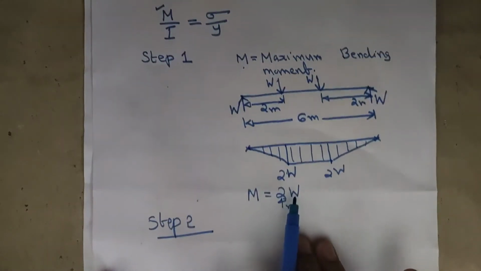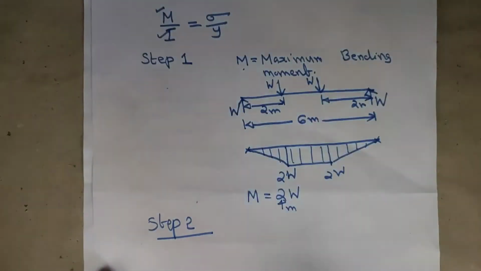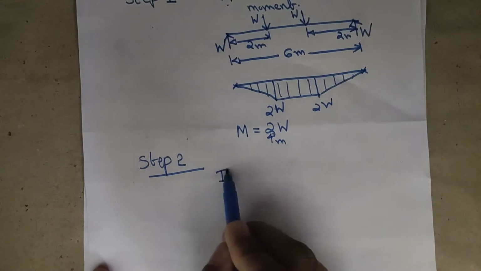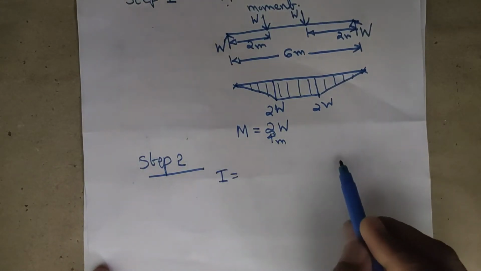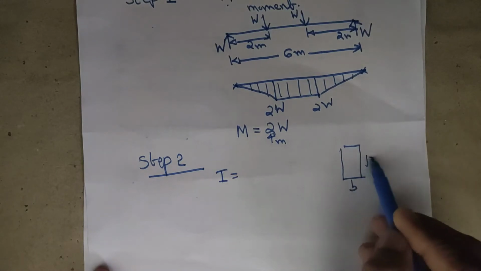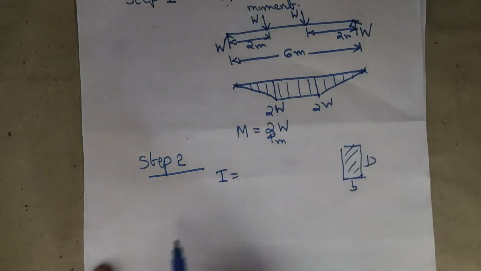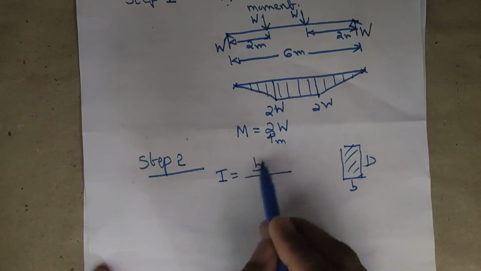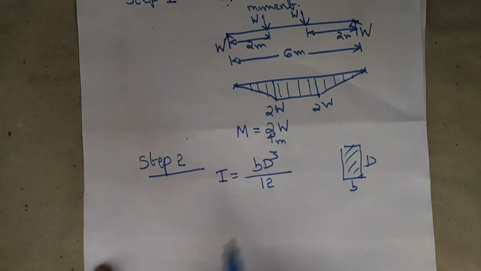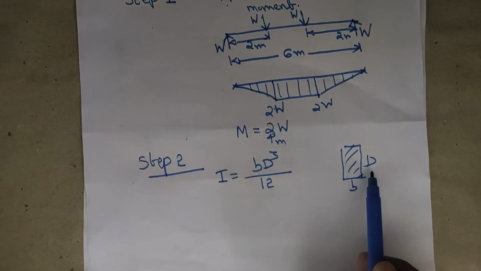Here we'll see what's the value of I, the moment of inertia. The moment of inertia for a rectangular section with breadth B and depth D equals B D cubed by 12, where B is the width and D is the depth.